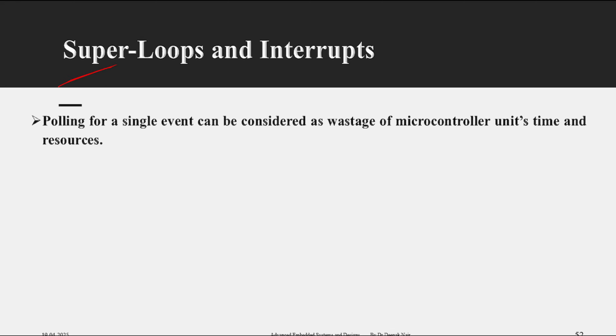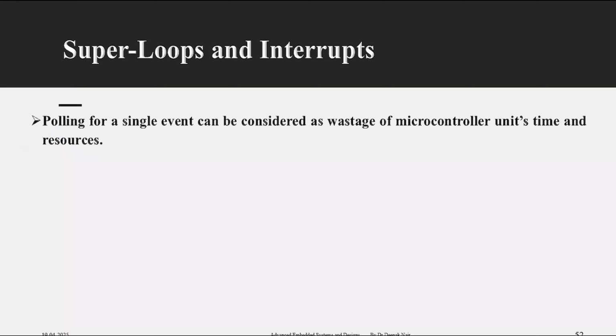The previous example was an example of a super loop waiting for the external event to trigger, and such an approach is called polling, where the CPU or the resources keep on checking whether the external event is generated or not.